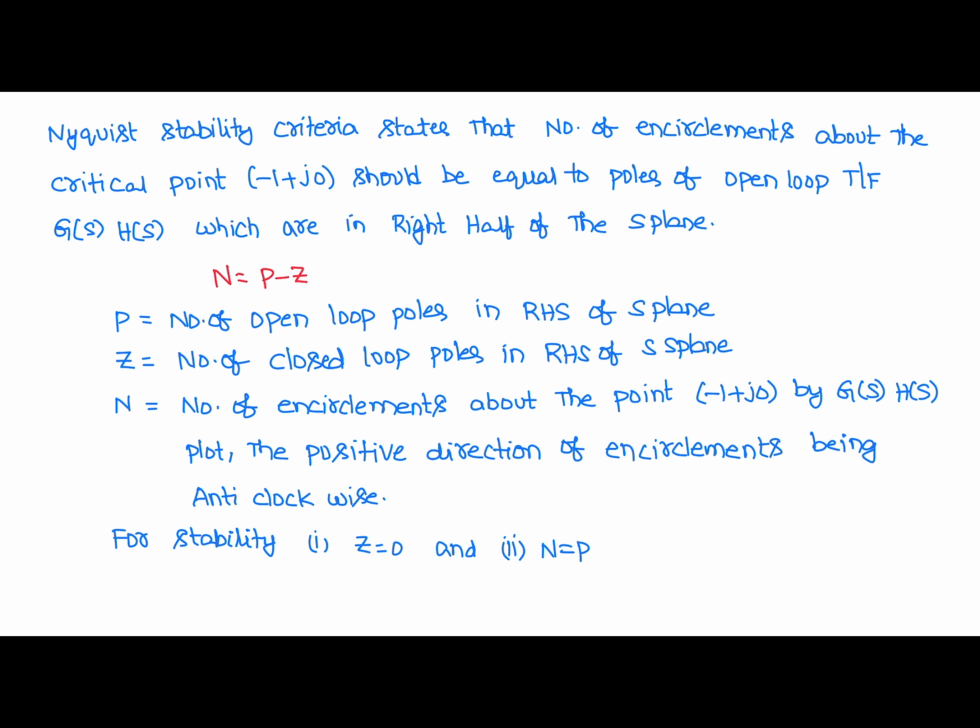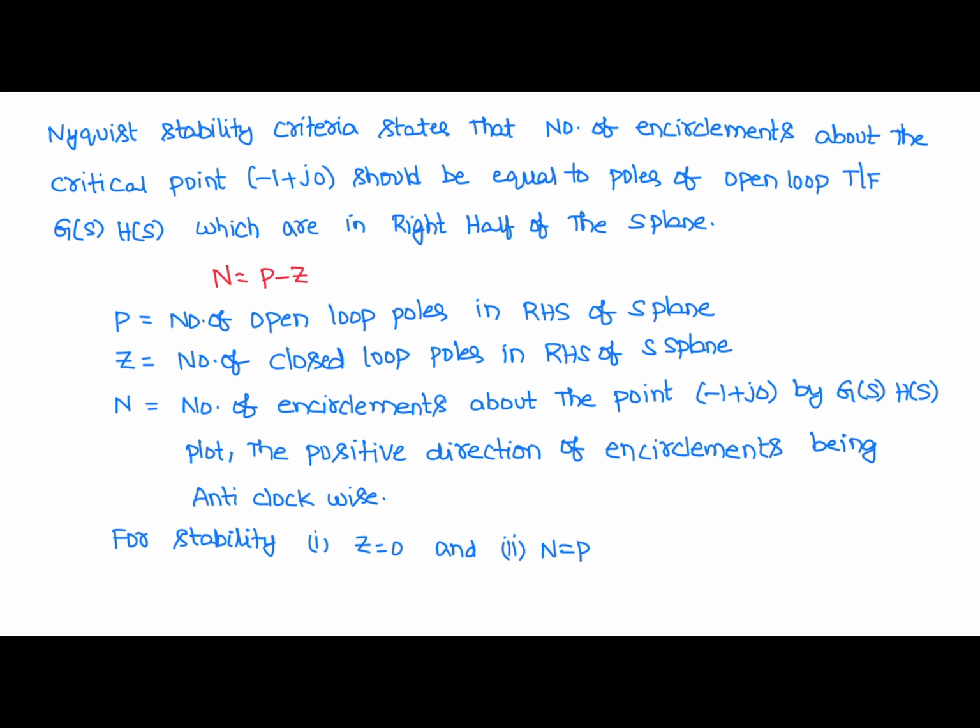Next question: the following statements are true while determining the stability using the Nyquist plot for closed loop systems. The Nyquist stability criterion states that the number of encirclements about the critical point minus 1 plus j0 should be equal to the poles of the open loop transfer function which are in the right half of the S plane.